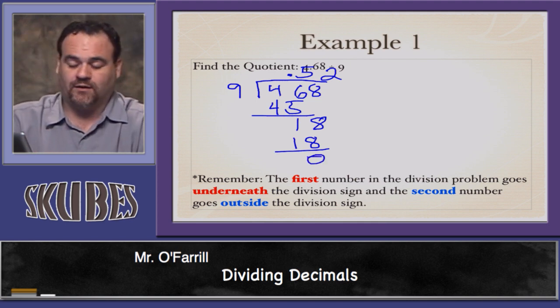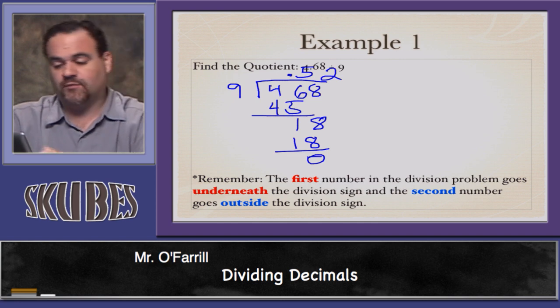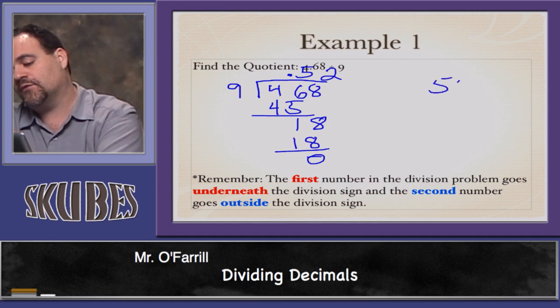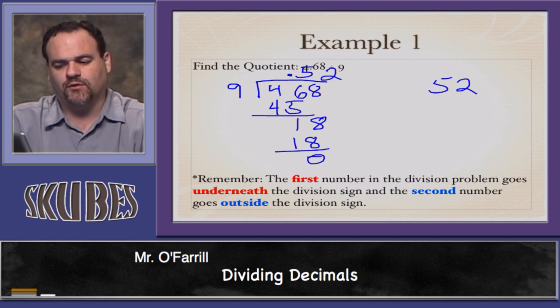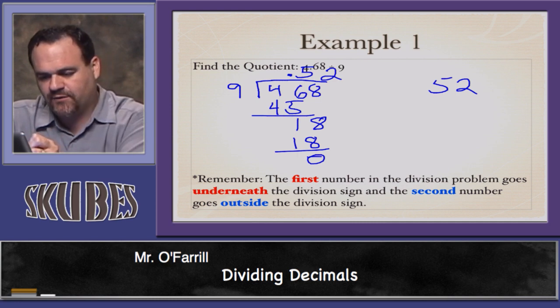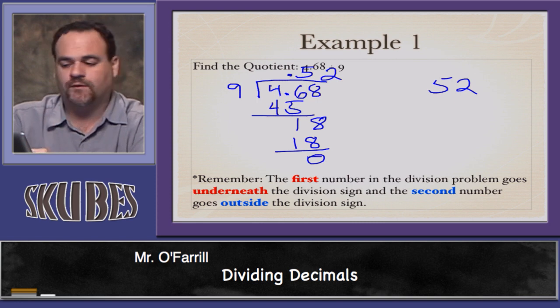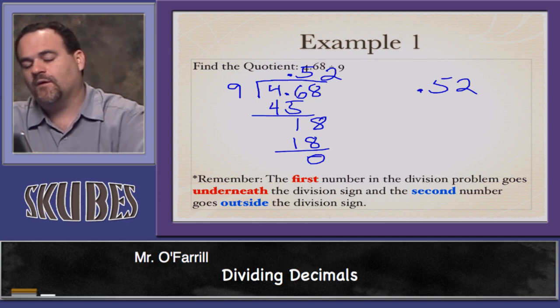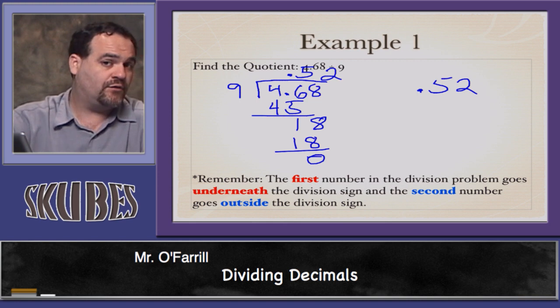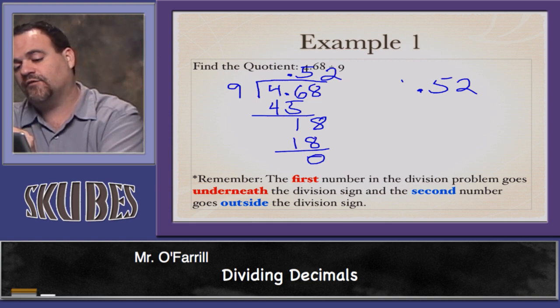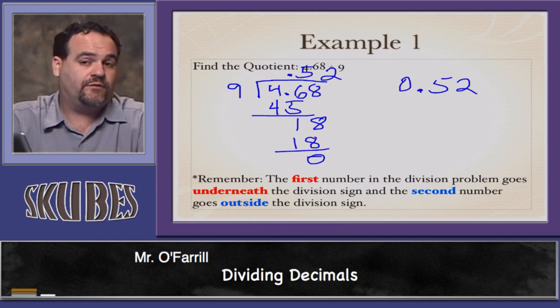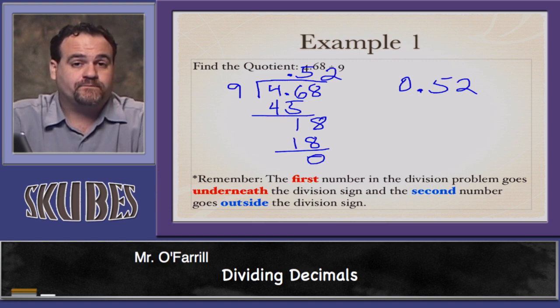So look at what we have up here. It's the number 5, 2. But where'd that decimal go that we moved? Remember, it was originally right here, and I just moved it straight up. 0.52 is the answer.